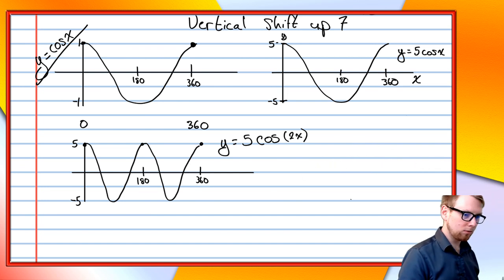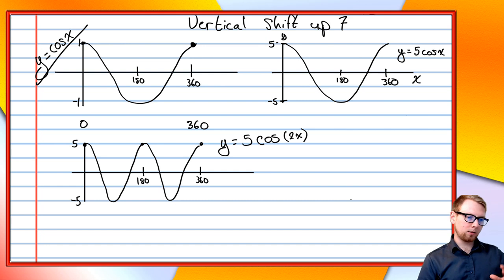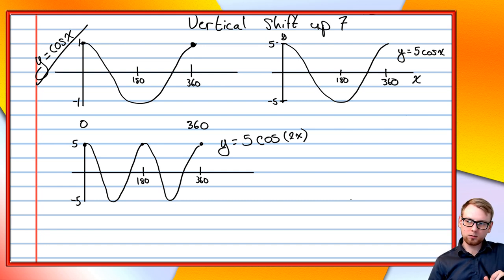Another way we can think about this is we know that cosine of 90 degrees is 0, right?